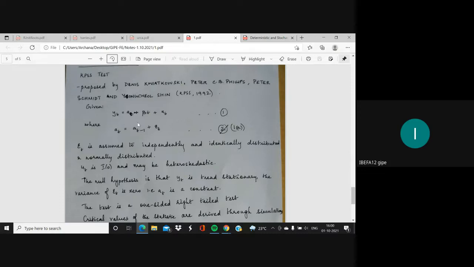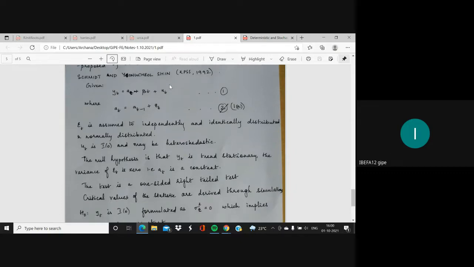Now the test has been devised this way: you're given a time series which takes this form, where a_t is the constant term, this is the trend term, and this is an error term. The error term is I(0), which means it is stationary, but it may be heteroscedastic. This is one particular feature of this test. Now a_t itself, the constant term, is in the form of a random walk.